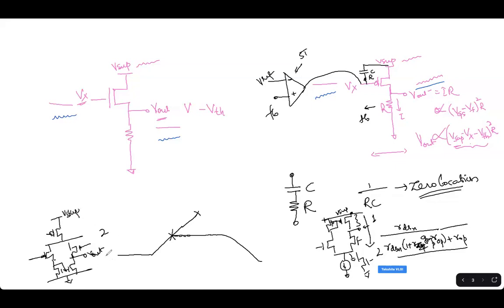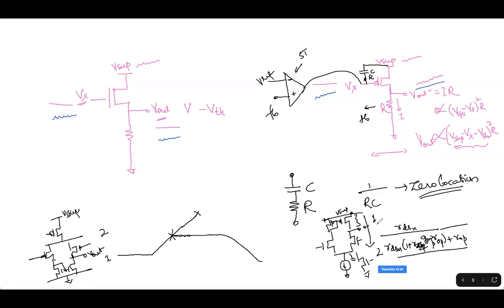From Vout to ground, there is only one transistor, meaning the contribution of VSUP on Vout is lesser. So if VSUP has noise, the Vout will not see a lot of noise. Vout will see lesser noise when compared to the NMOS input based.